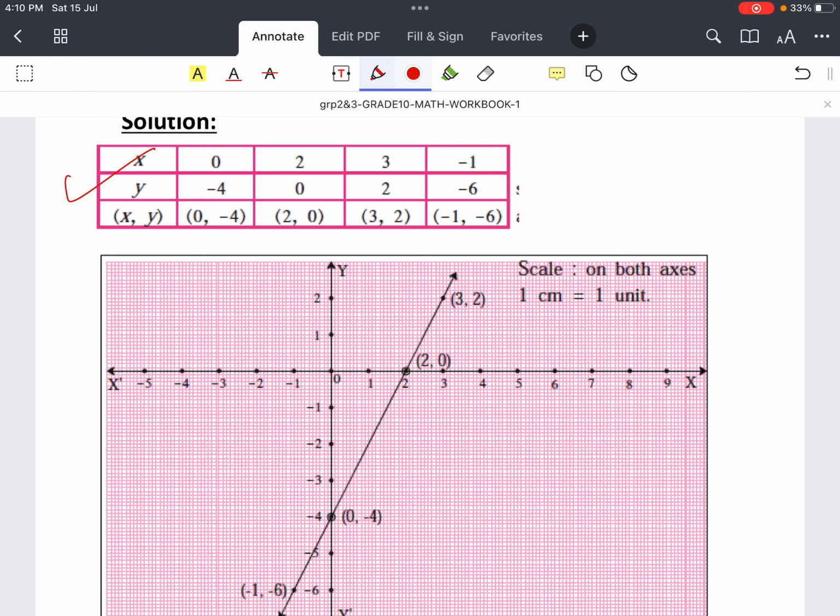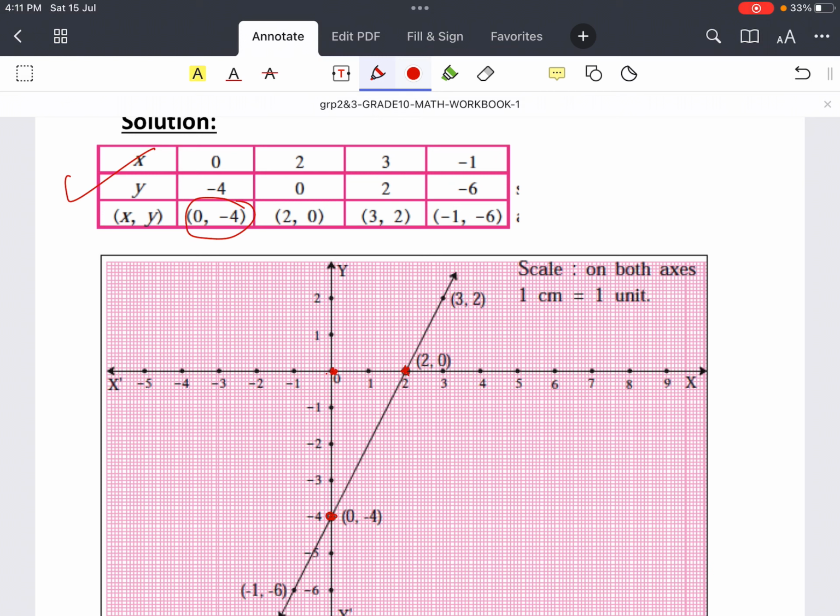As we know, the first point is 0, minus 4. So x is equal to 0, y is equal to minus 4. So your point is here, 0, minus 4. Next one, 2, 0. So x is equal to 2 and y is equal to 0. So this is your point 2, 0. Next one, 3, 2.